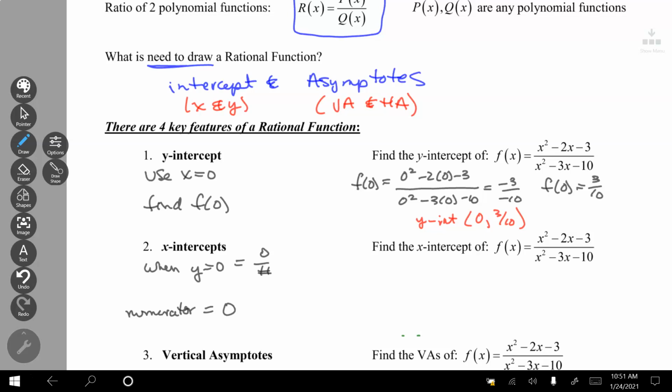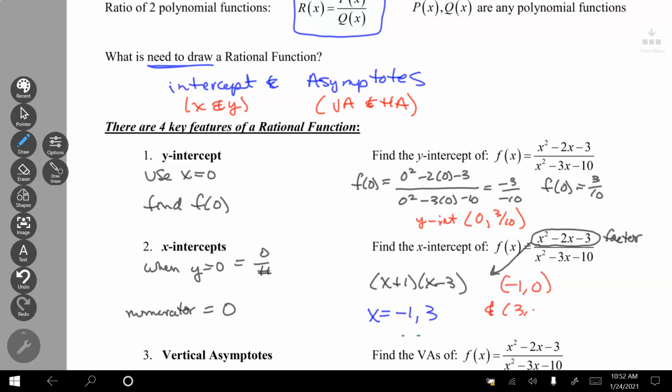So I have to take just my numerator over here. I'm going to have to factor it. If it's not in factor form, I have to factor it. Well, this was an easy one to factor. I factored pretty quickly. I solved for my x's. My zeros, or my x-intercepts, are going to be -1 and 3. So -1, 0 and 3, 0 are my x-intercepts.